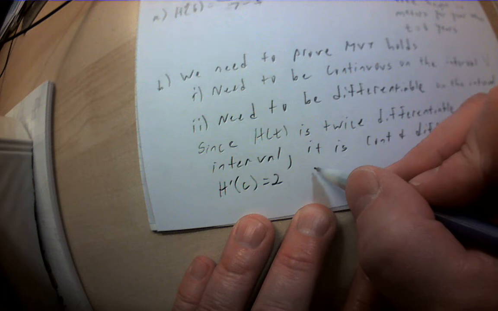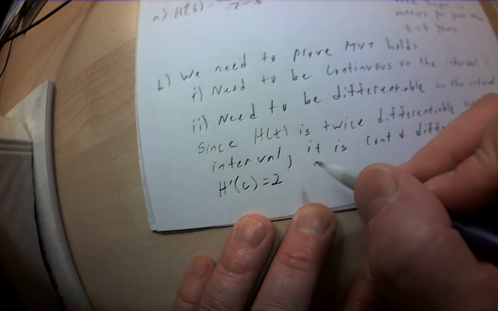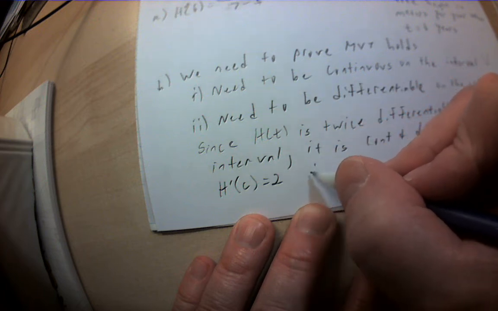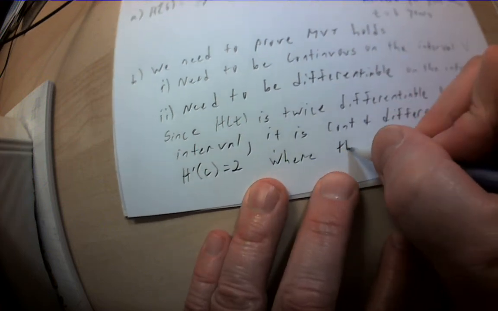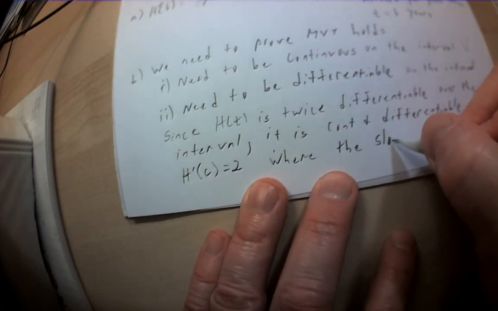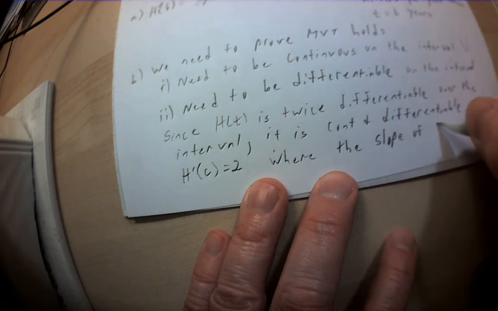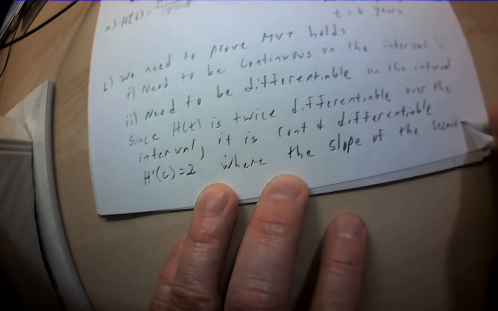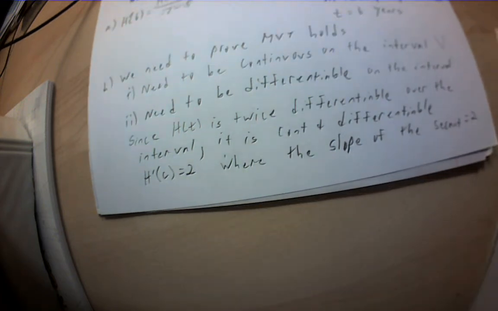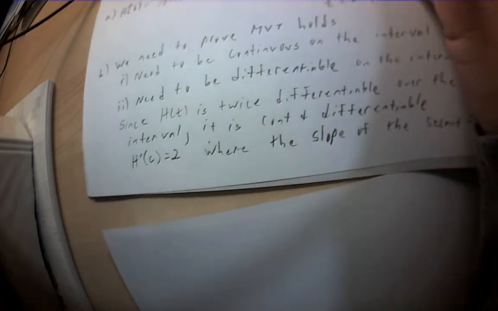So there's got to be somewhere where the slope of the secant equals 2. Okay, guys, I'm going to switch to another piece of paper here.